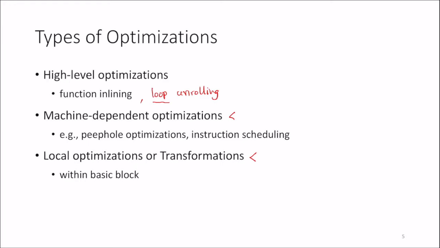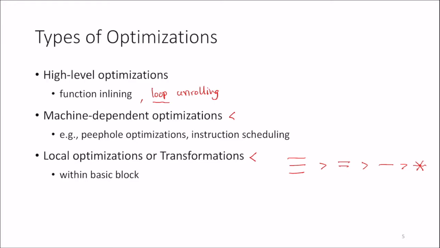So we might be taking 3 instructions and rephrasing it as 2 instructions, or maybe even 1 instruction. And sometimes even eliminating it so that there are no instructions at all, because this sequence of instructions is essentially redundant.